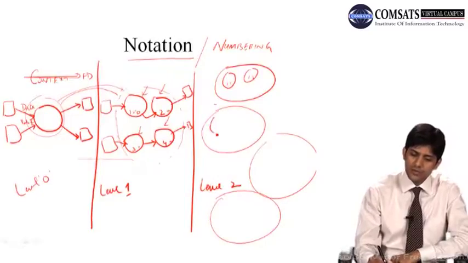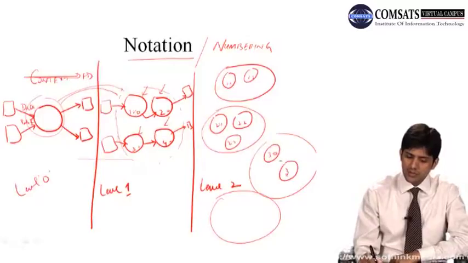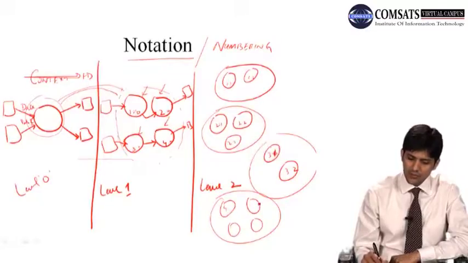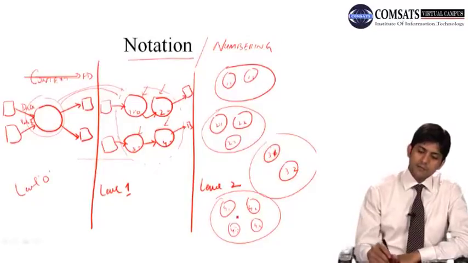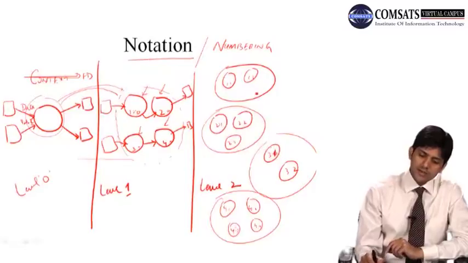And we decompose 2 into 2.1, 2.2 and 2.3. Similarly, we decompose 3 into 3.1 and 3.2, and we decompose 4 into 4 sub-processes, 4.1, 4.2, 4.3 and 4.4.